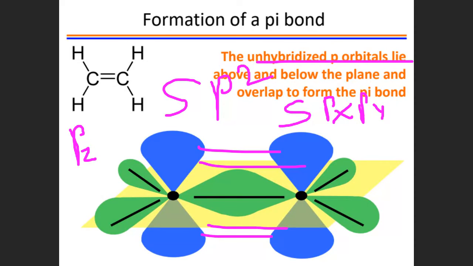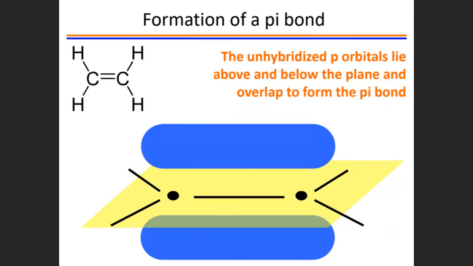So obviously unhybridized are not as strong as the hybridized. They are very weak, and if they are parallel, they can come close due to the electron cloud or density, and they can make the pi bond this way, this way. So unhybridized p orbitals lie above and below the plane and overlap to form the pi orbital. Got it?